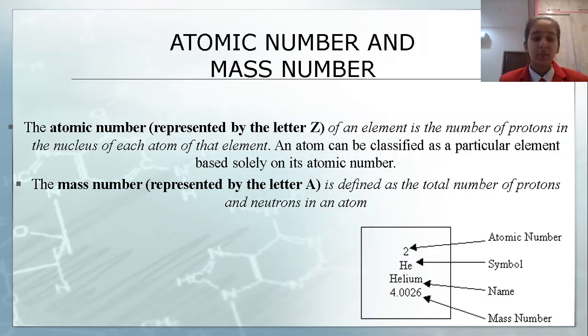The mass number is represented by the letter A, and it is defined as the total number of protons and neutrons in that atom. So we can see here the symbol, the name, the mass number and the atomic number. Atomic number is identified by the letter Z and the mass number by the letter A.